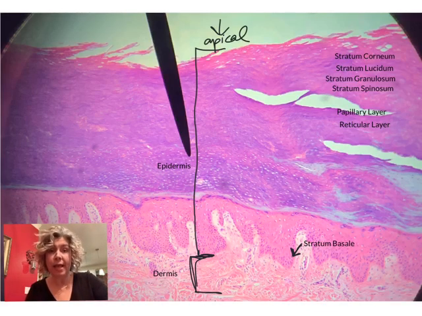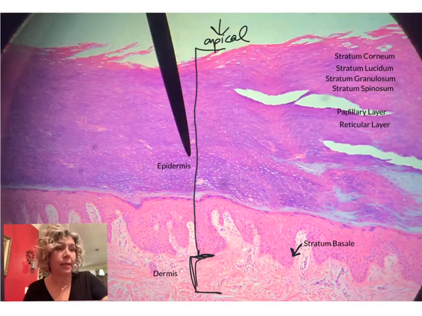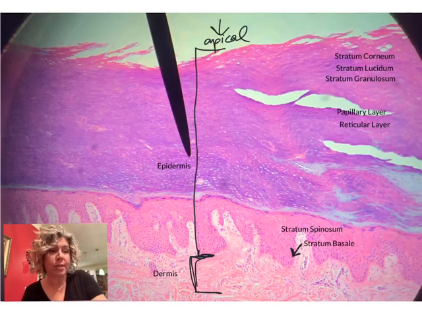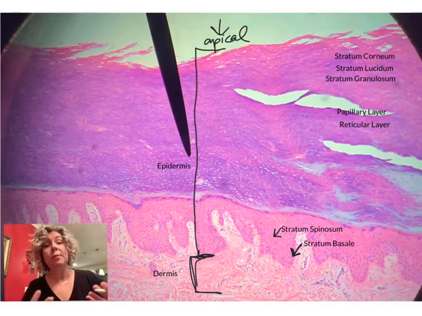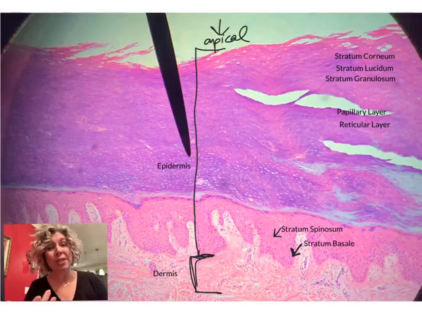Above the stratum basal layer, we have the stratum spinosum. Stratum spinosum is mainly composed of the keratinocytes. So right in here, this layer that's several cell layers thick, this is all going to be stratum spinosum above the basal layer. Now as we work our way up through the stratum spinosum, we're getting so far away from the blood supply down in the dermis, because remember, epithelial tissue is avascular, no blood supply in the epidermis.